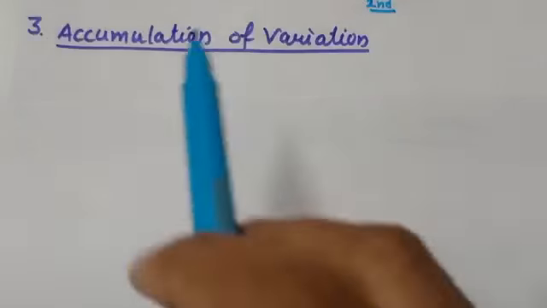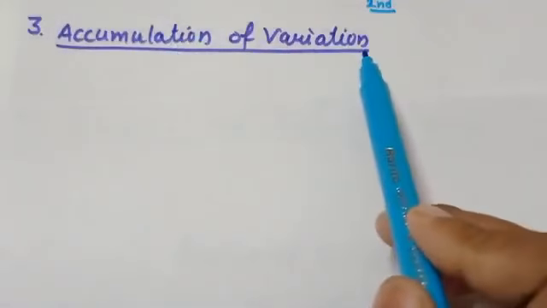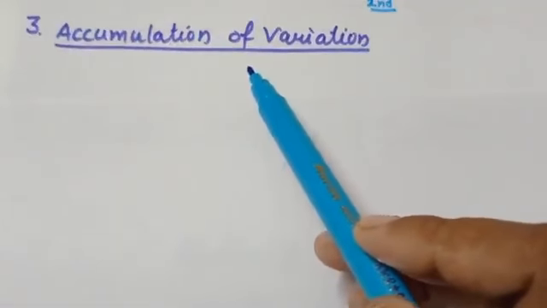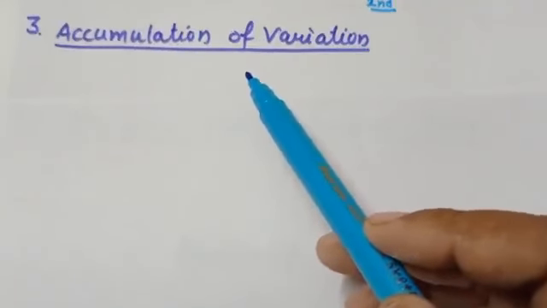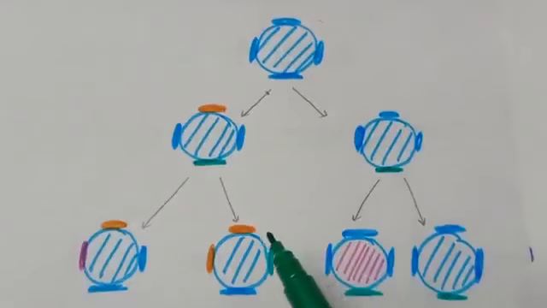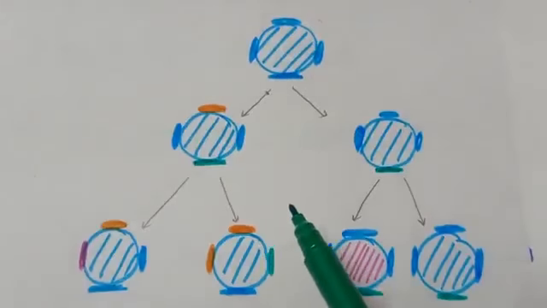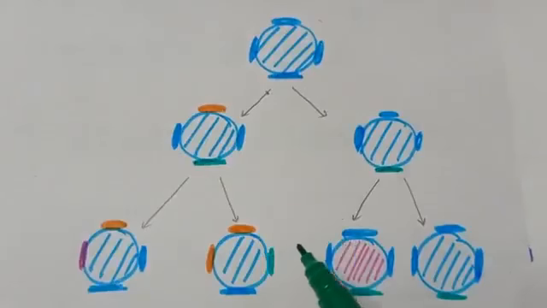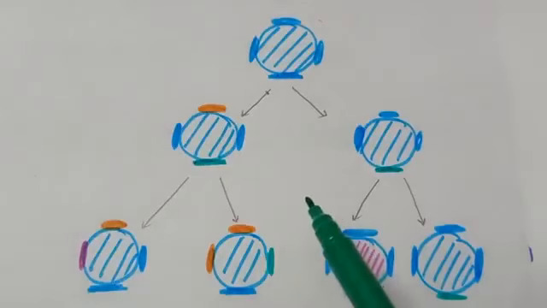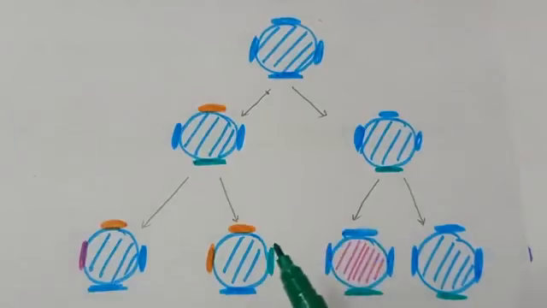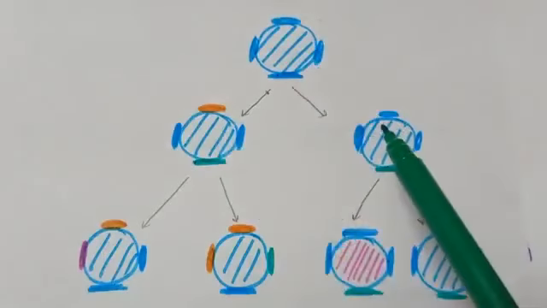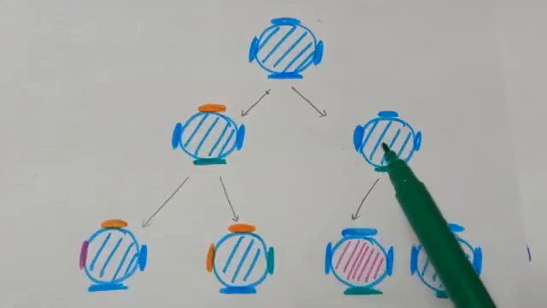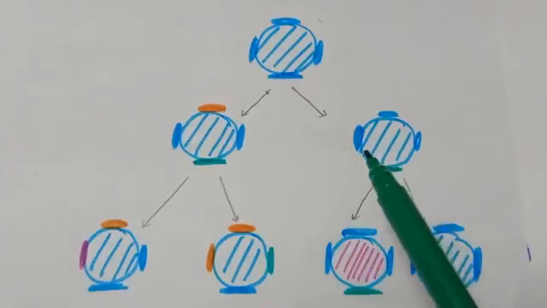Our next topic is accumulation of variation. Accumulation means collection of variations. So let us see how accumulation of variation happens. To understand it, let us have one example. We know that during the process of reproduction, the traits are inherited from parents to the offsprings. And the new individuals have combined features.